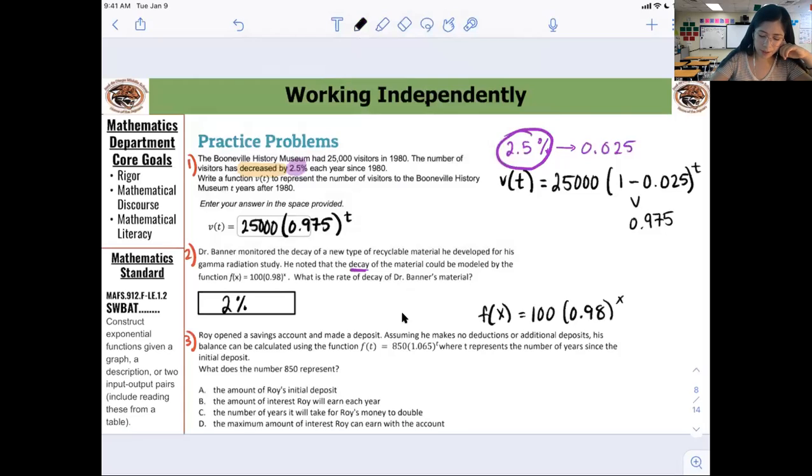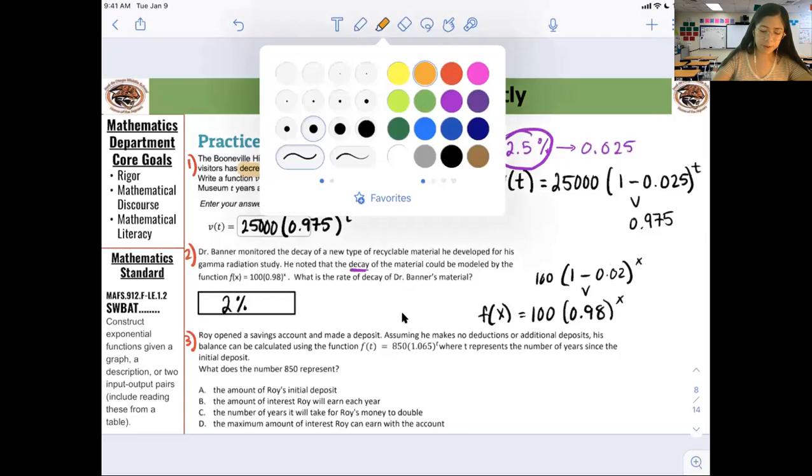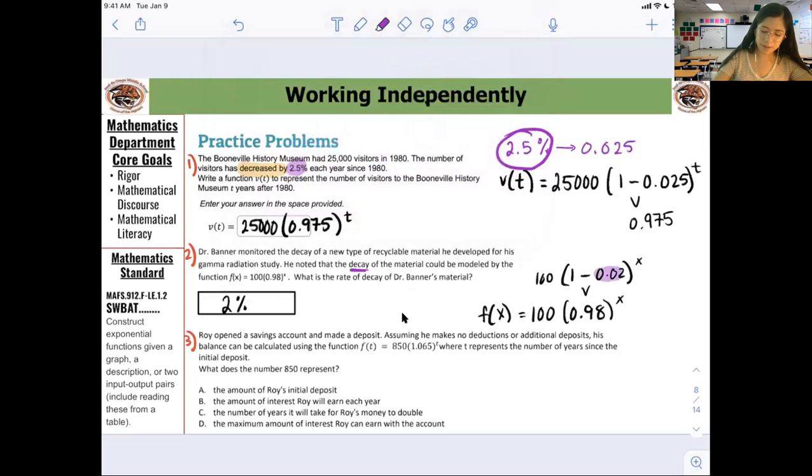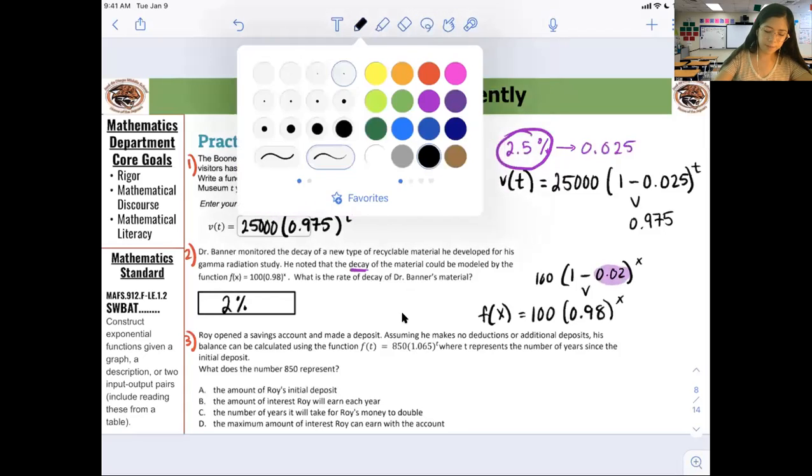You have to figure out what number was taken from 1 to give you 0.98. So what's 1 minus 0.98? That's 0.02. And 0.02 as a percentage is 2%.